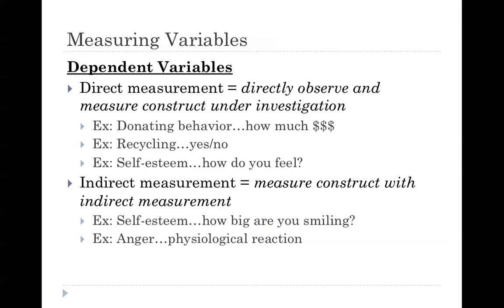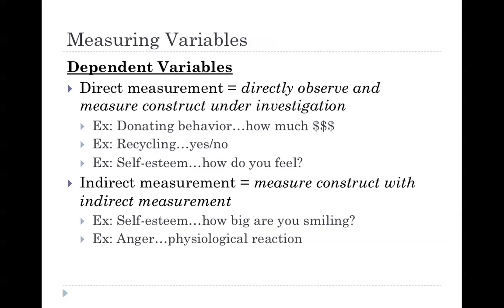As well, you could also do this with an emotion such as anger. So you could ask participants how angry they feel on a 1 to 7 scale: 1, not very angry; 7, very angry. Or you could do this physiologically. You could look at past research and see how certain physiological reactions, increased heart rate and increased skin conductance, are related to this idea of anger.